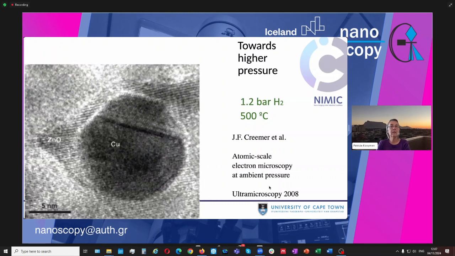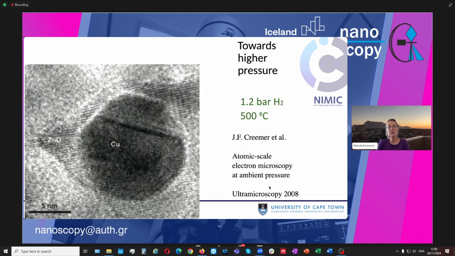So for this particular image, we had I think 1.8 angstrom resolution, but that's because that's the smallest copper d-spacing that we could measure. Of course, copper reduces much lower than 500 degrees centigrade, but we just wanted to show that it's very well possible, very easy to go to 500, 600, and as Calliope said, the commercial systems easily go to 1,000 degrees centigrade in 1 bar or a little bit higher of gases.